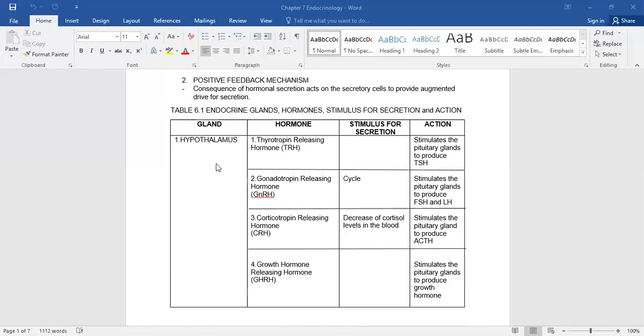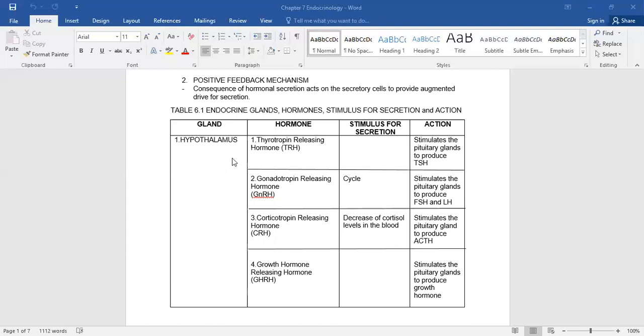But you should always remember that there are certain hormones produced by the pituitary gland that need to be produced when they are stimulated by the hormones produced by the hypothalamus. You get me? So they need a stimulant coming from the hypothalamus in order for the anterior pituitary gland in particular to produce these certain hormones.